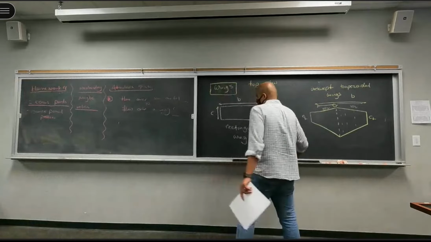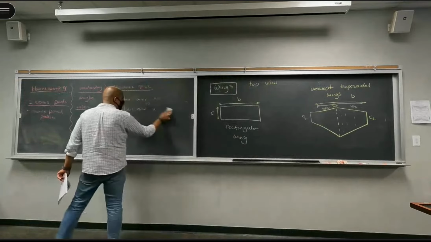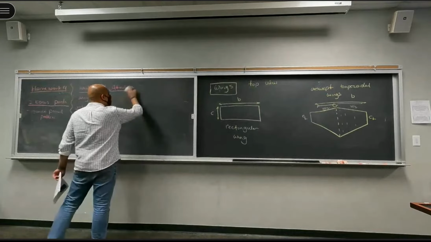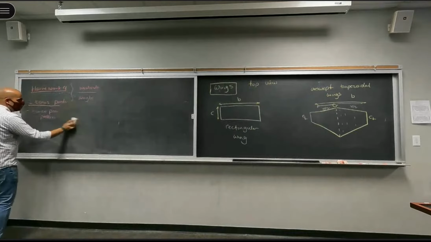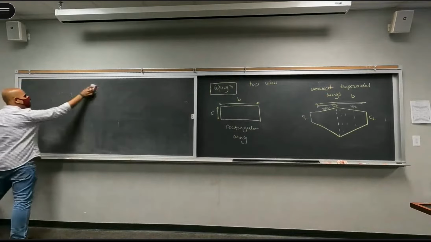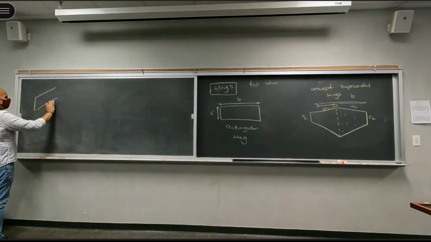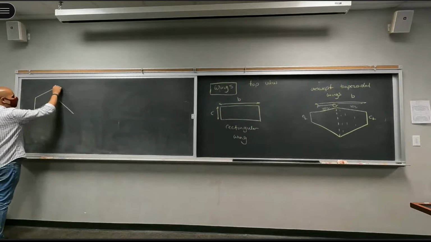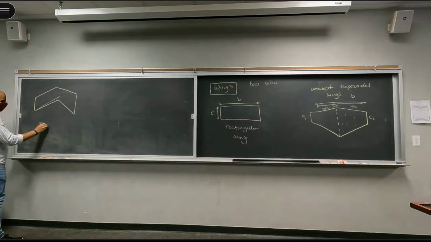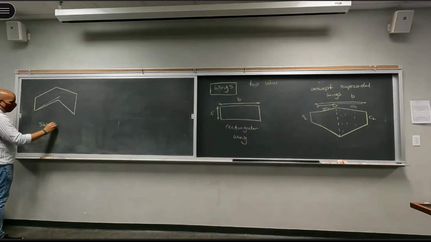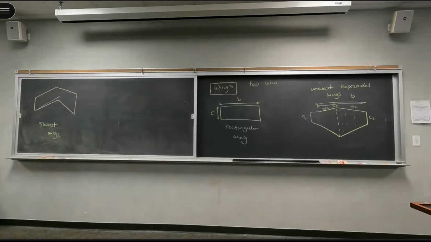Okay. Two types of the wing. Another type is called the swept wings. They usually have a sweep angle, lambda.